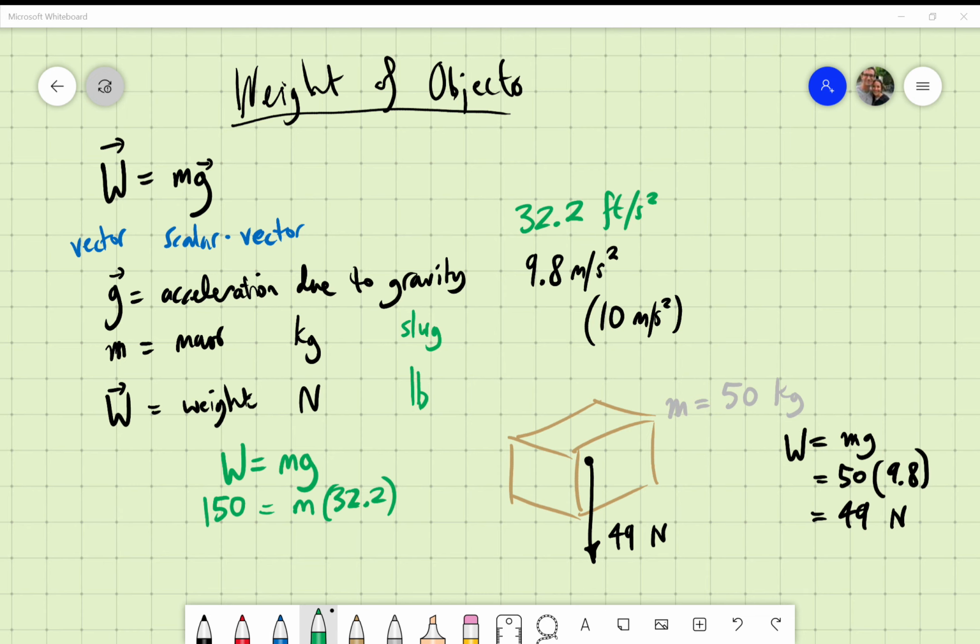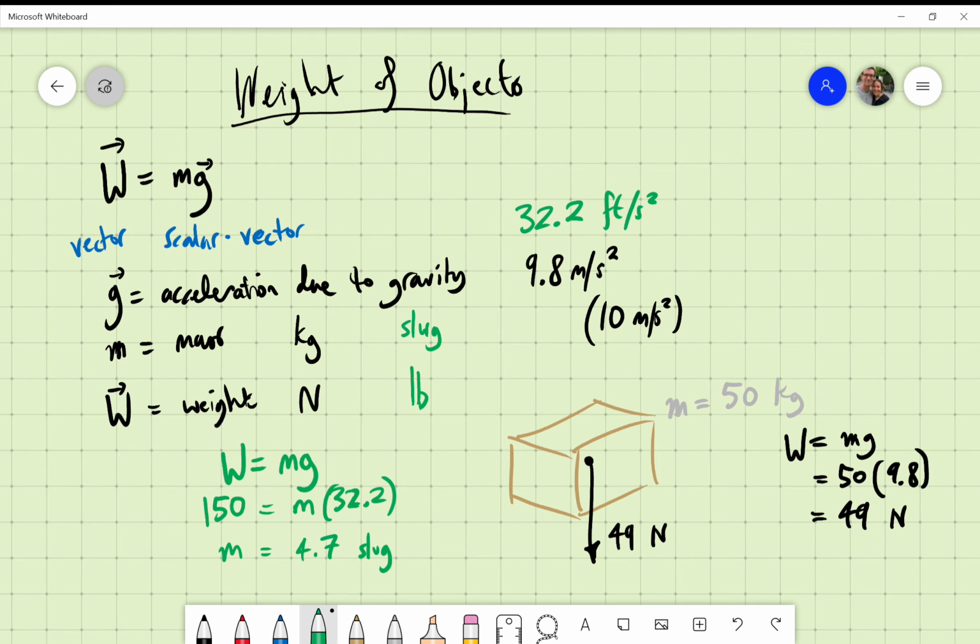So in this case, we would have to do some division with some odd numbers, and we would find we have 4.7 slugs. That is gained from 150 divided by 32.2, 4.7 slugs.